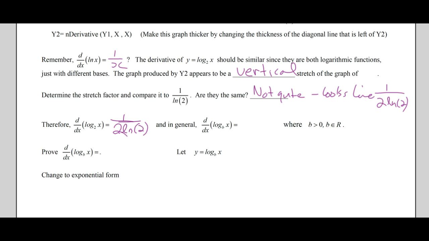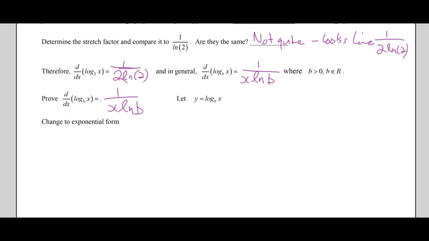And in general, d by dx of log base b of x will be 1 over x ln b, where b is greater than 0. I've got to play with the graphs a little more. Why did I say x ln b?